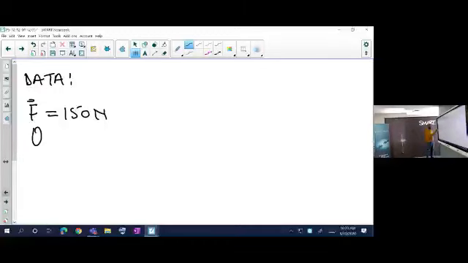We have theta, which is equal to 30 degrees. And then we have displacement, which is equal to 5 meters. This is the information that has been given.